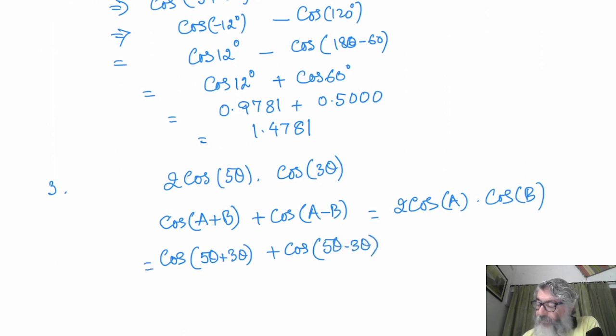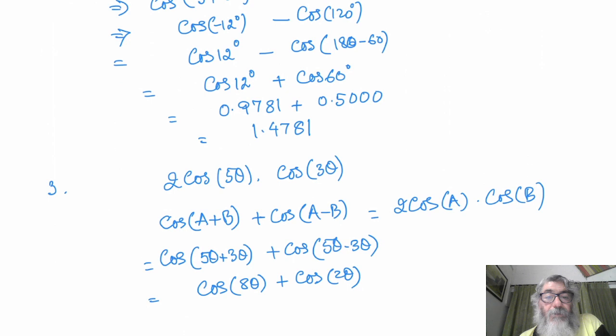So it becomes cos 8 theta plus cos 2 theta. 2 cos 5 theta cos 3 theta: once we added them, once we subtracted them, and we wrote plus in between.